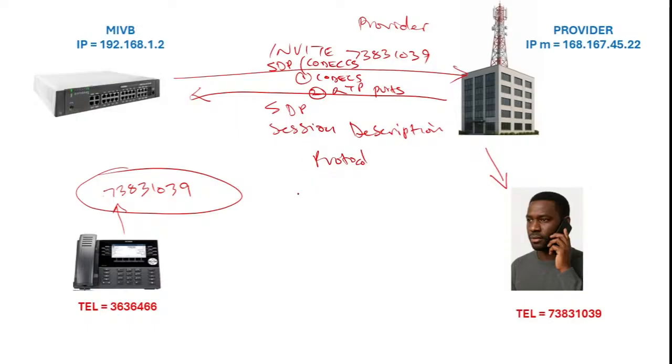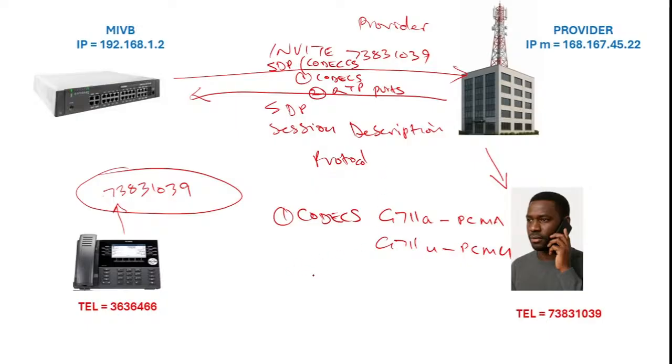So in the codecs, it's going to send a list of codecs in the invite to say, maybe I need to talk to you on G711 A-law or G711 U-law, depending on what you have configured to be sending the invites in the SDP. So G711 is also known as PCMA, also known as PCMU.